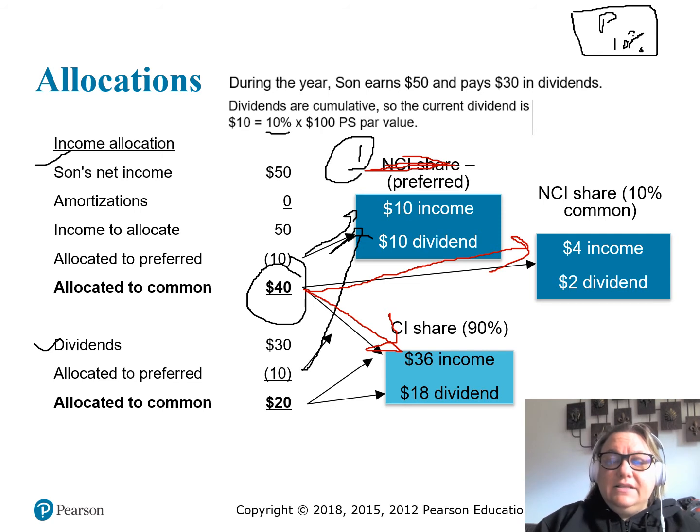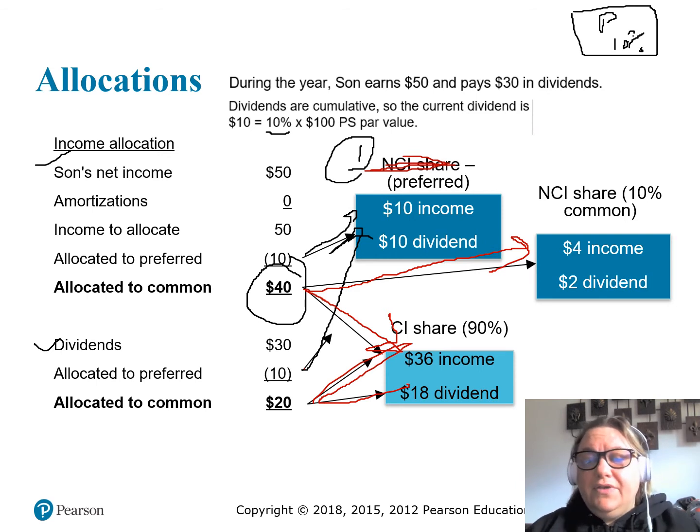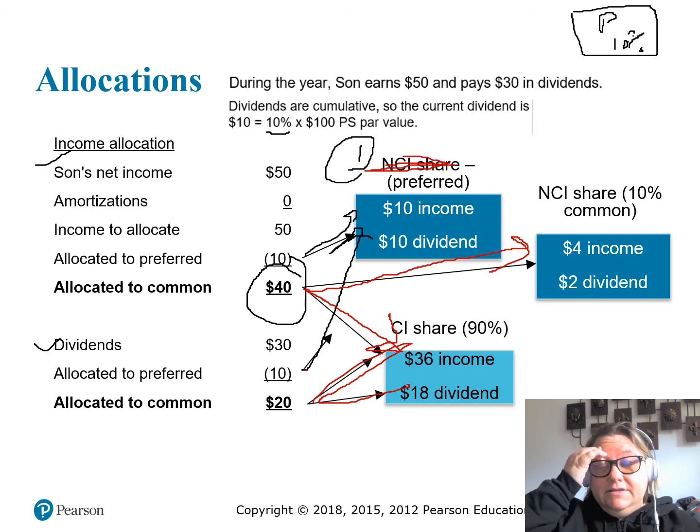Then the dividends, same thing. You take out the part for preferred, which we did earlier, and then the rest goes to common, broken out by percentage. Make sure that you give everything to the right share.